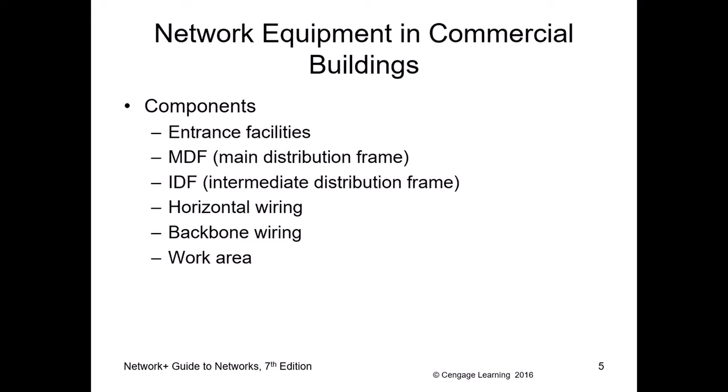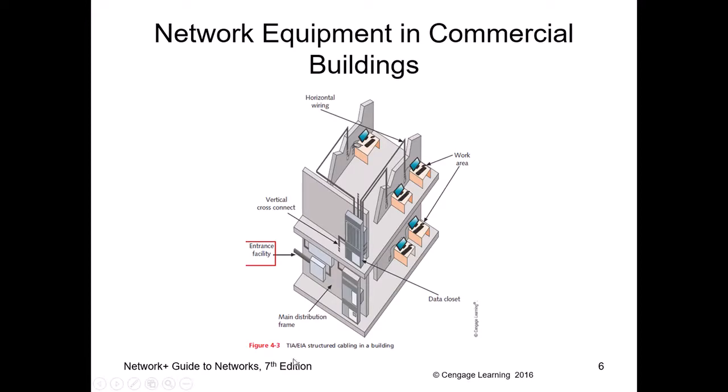Horizontal wiring is the wiring that connects the PCs to the patch panel, or the workstations within a building. And the backbone is the connection between the MDF and the IDF. And the work area is where all the workstations are. So for example, here's the work area.